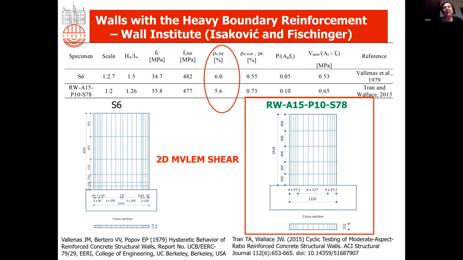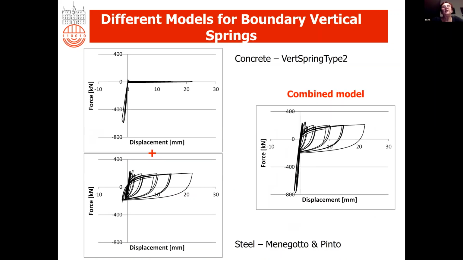So here we tested the 2D MVLEM shear element, and it was necessary to change a few things. First of all, this vertical spring type 2 was not enough in this case, since on the compression side, the reinforcement had a very significant influence, and in such cases, this material is not appropriate.